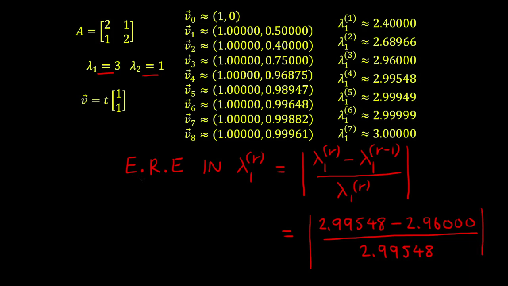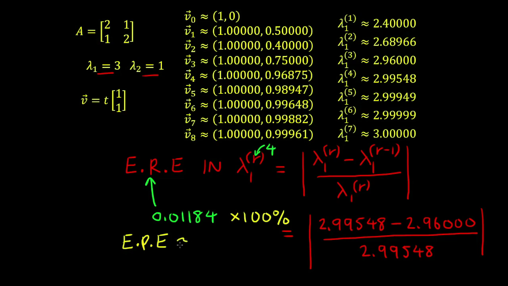So that gives an estimated relative error in lambda1 at iteration 4 of 0.01184. So if you multiply this by 100%, you get the estimated percentage error in lambda1 4. So that's around 1.2%. And this can be acceptable depending on the application.